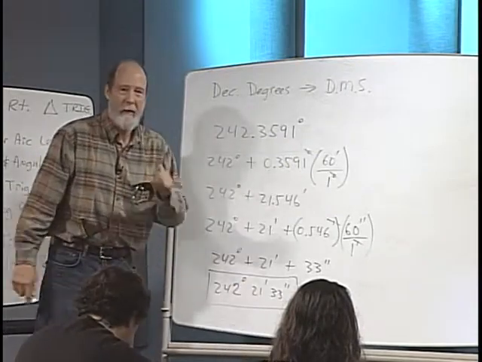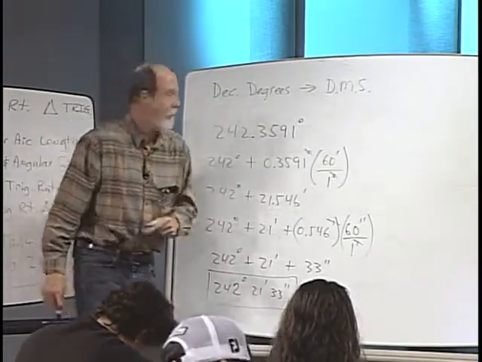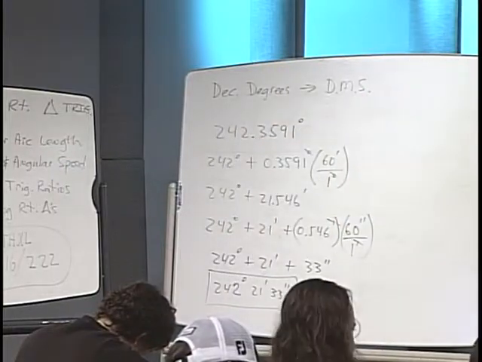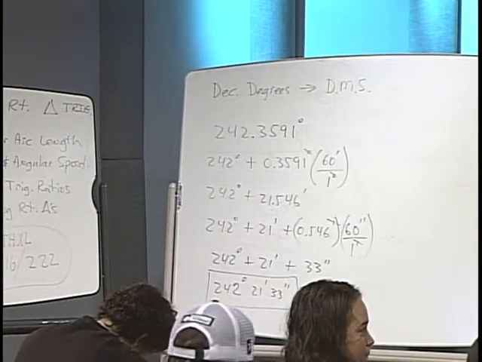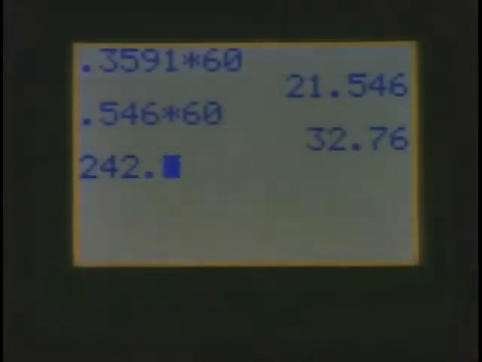Now, the calculator has a built-in feature that'll help you with this. So if we now go to the calculator screen and take our original angle, 242.3591 degrees, all right? And if I then take this and go to angle, now the angle key on a TI-83 or 84 type of calculator is on the applications key if you're shifted.